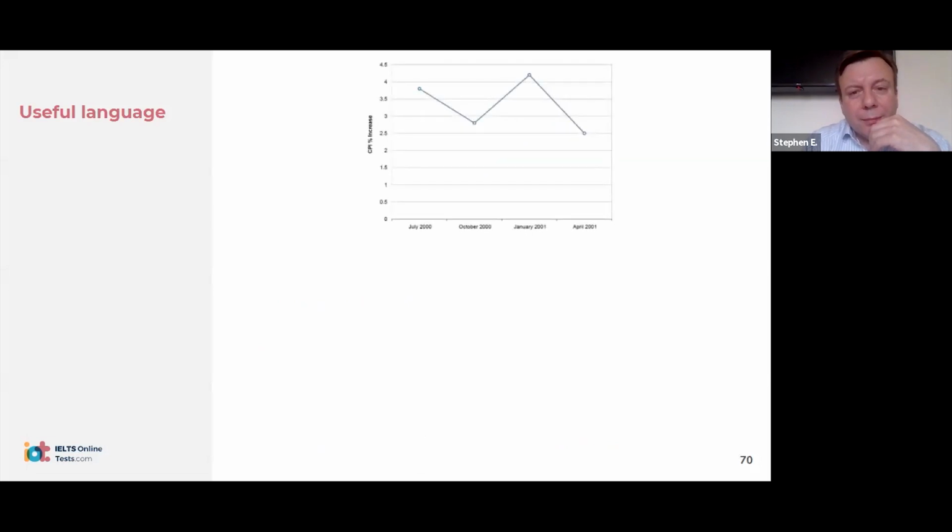Okay. So the number of cars. Think about your word forms. Yeah, fluctuated, good.